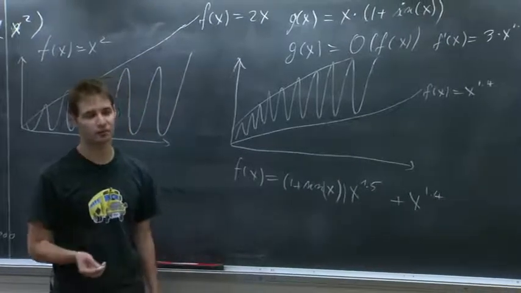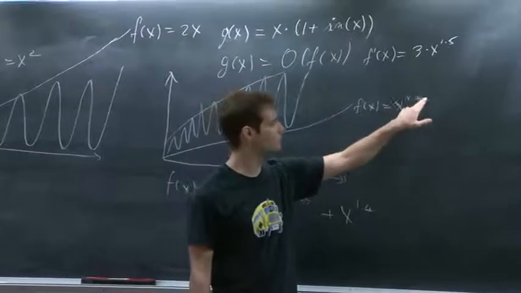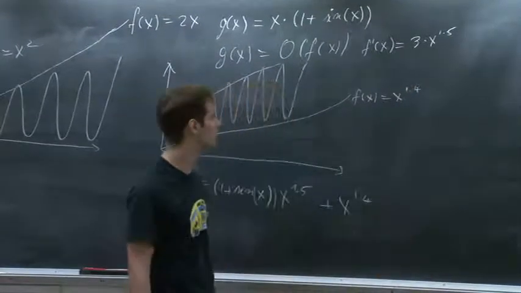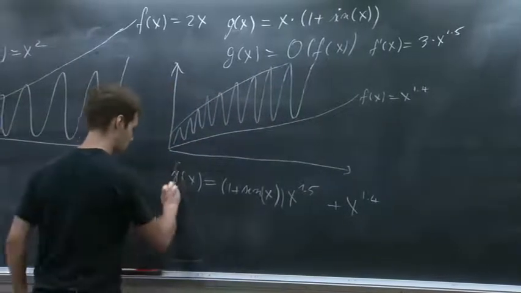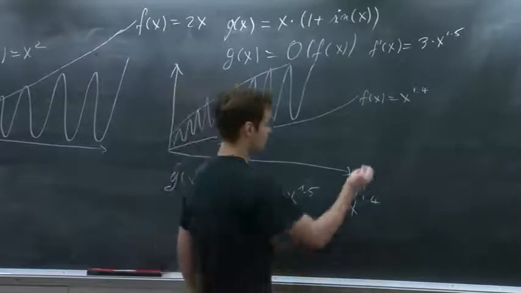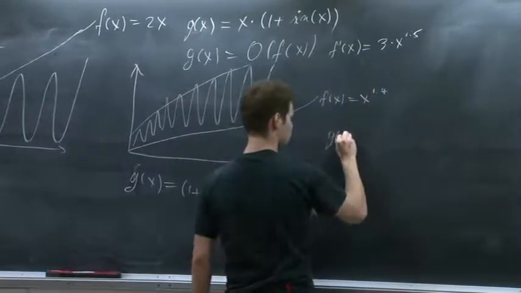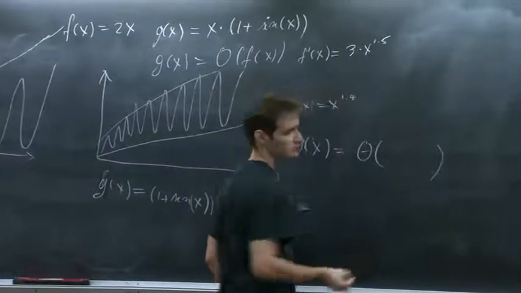They can only differ by a constant factor. In this case, my bounds differ by the exponent here, which is more than a constant factor, so they're not the same. So if I take my function, which by the way is g, if I want to say that g of x is theta of something, I can't.